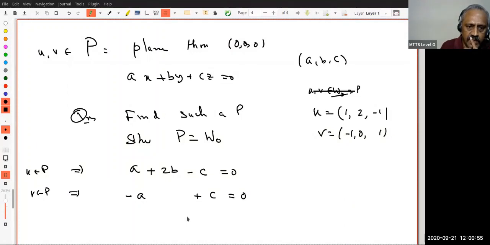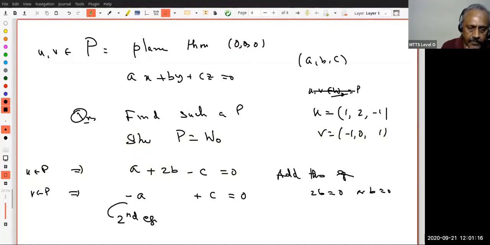So what does this mean? When I add these two equations, what do I get? A cancels, therefore 2B is 0 or B is 0. You understood? Now, next, let's look at the second equation. This one says A equal to C. So A equal to C and B equal to 0.